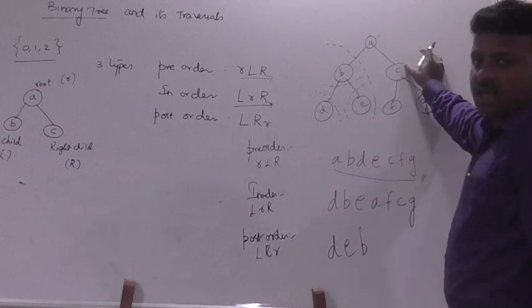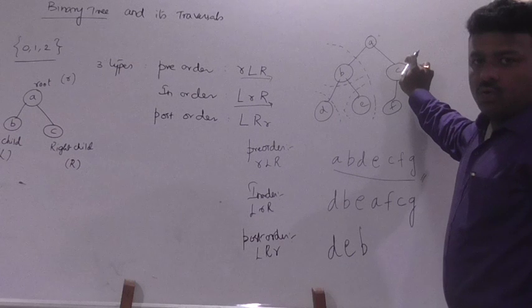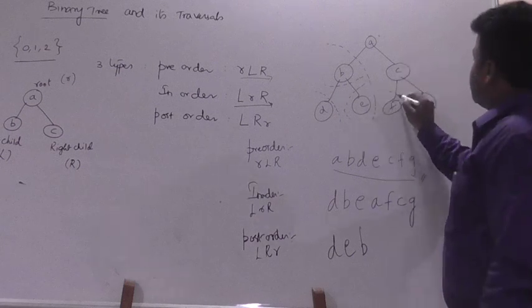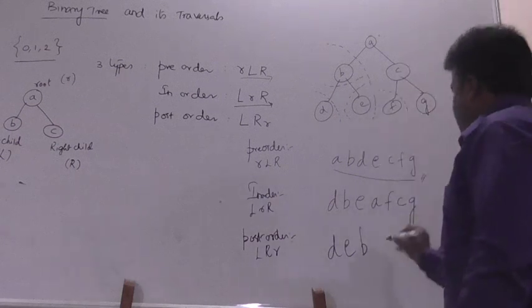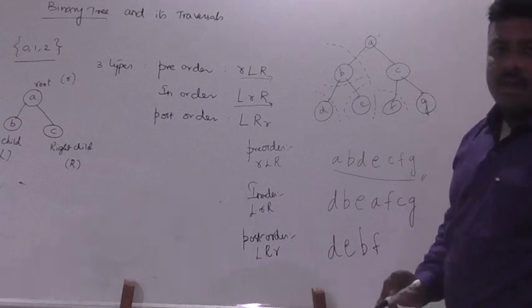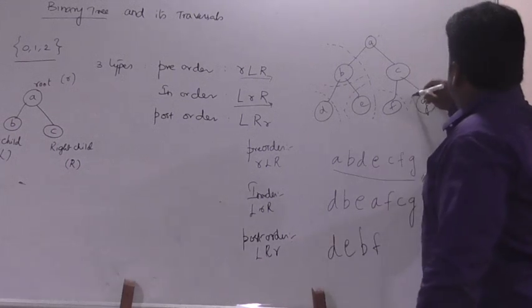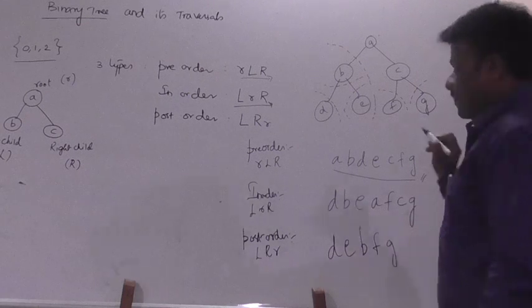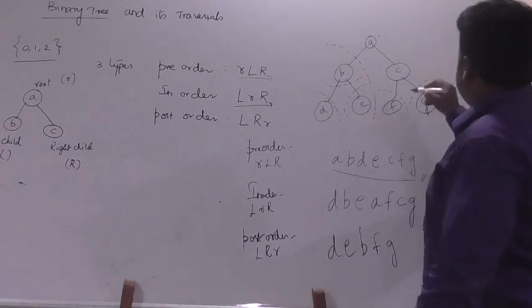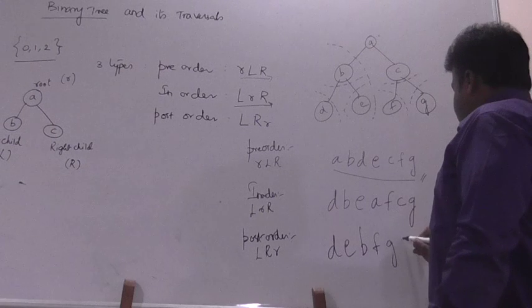Here that is C, and again it is a root node. So immediately you are supposed to move towards the left one, that is F, and immediately towards the right one, that is G, and immediately towards the root node, that is C.